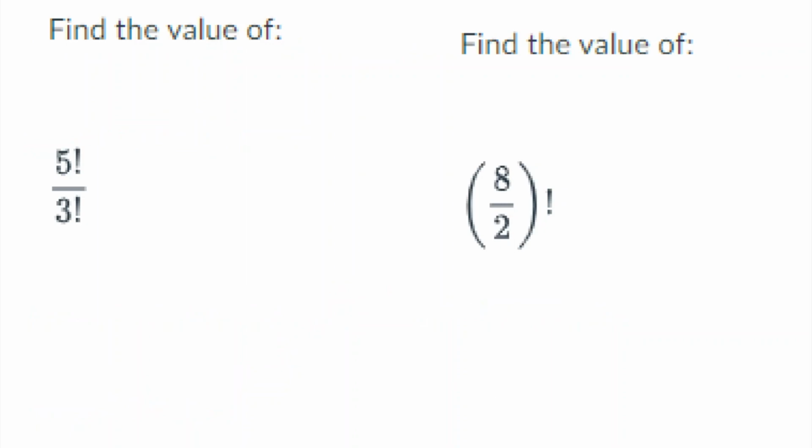So next up we have two calculations involving factorials. Remember, if you see anything like n factorial, that means you start at the integer n and you multiply by all the preceding integers until you get down to 1. So for instance, when I see 5 factorial over 3 factorial, for the top I'm going to start at the integer 5 and multiply all the way down through the previous integers.